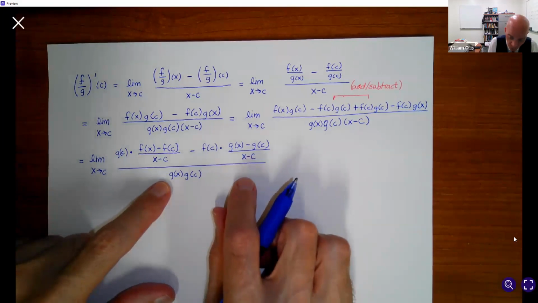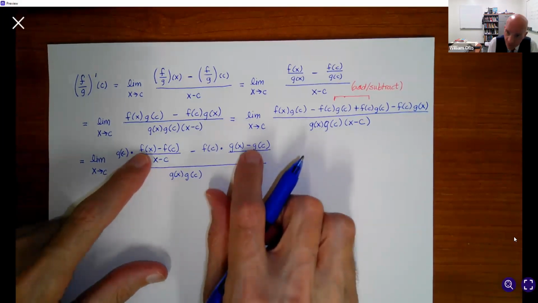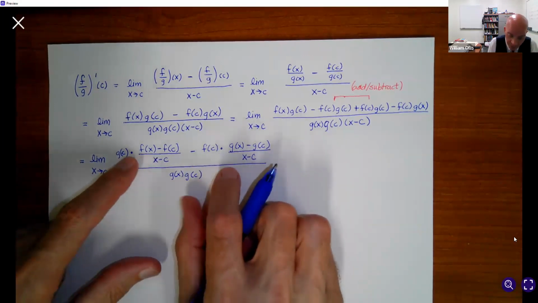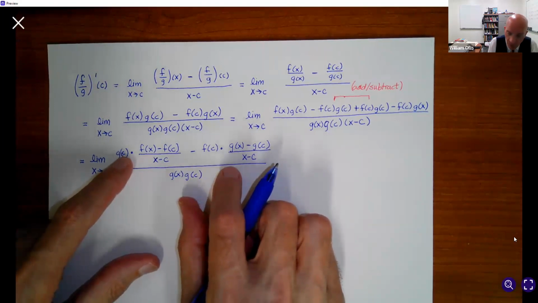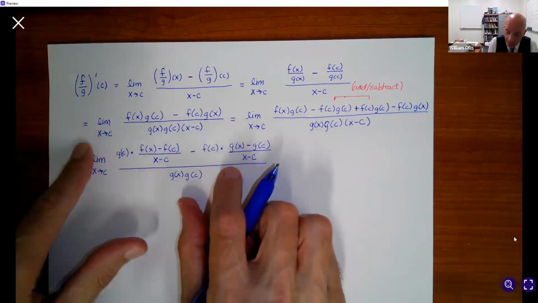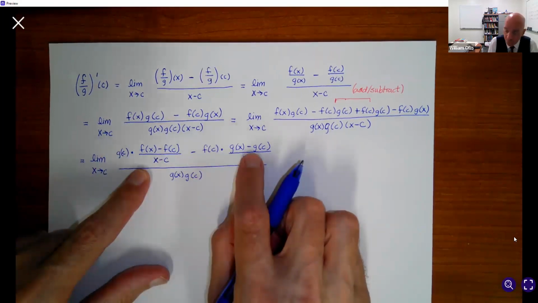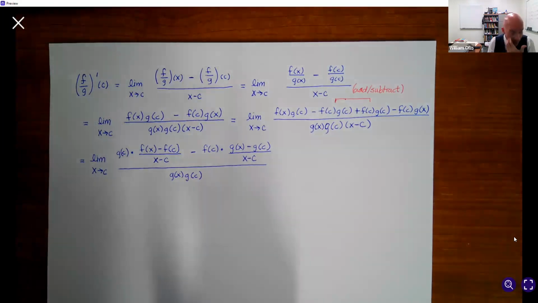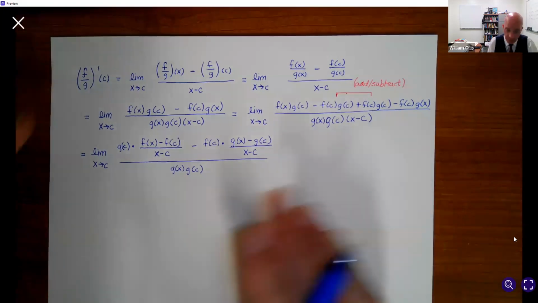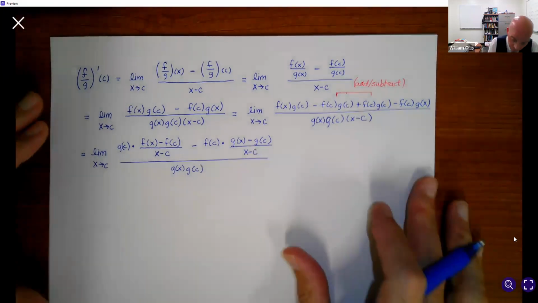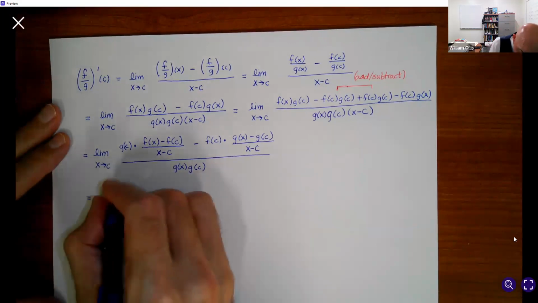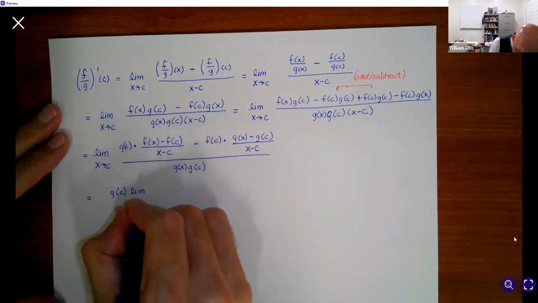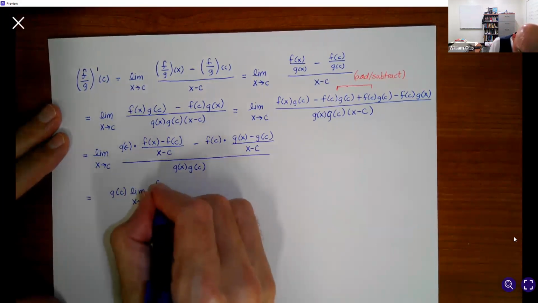And then of course, the quotient rule, which allows us to take the limit of the numerator divided by the limit of the denominator. And then, of course, we can apply the constant rule for limits, extracting constants, and we can apply the sum rule too. So we can decompose the numerator using the limit theorems and then further the ability to see the actual formula. So now we have g of c times the limit as x approaches c of the difference quotient.